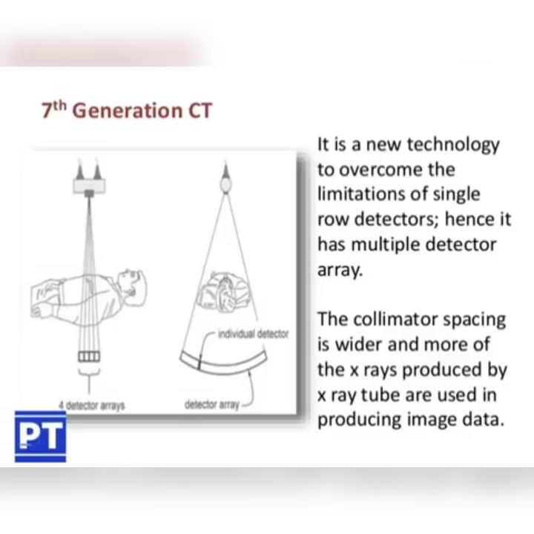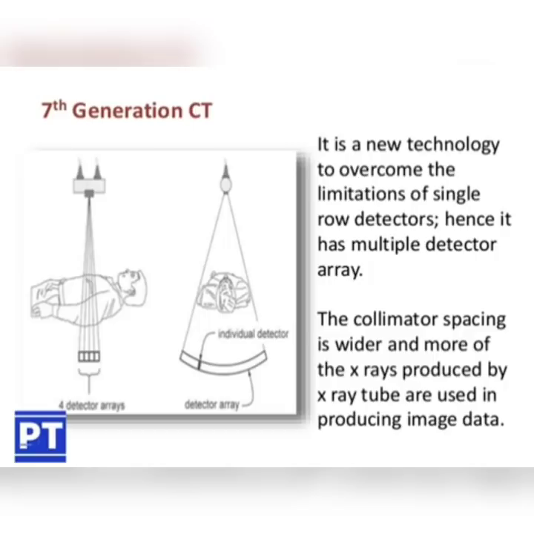7th generation CT. It is a new technology to overcome the limitations of single row detectors. Hence, it has a multiple detector array. The collimator spacing is wider and more of the X-rays produced by the X-ray tube are used in producing image data.